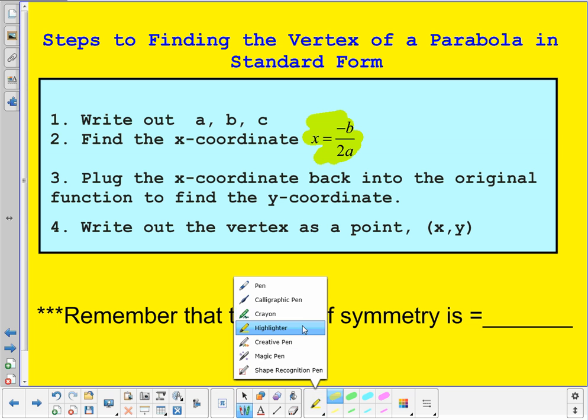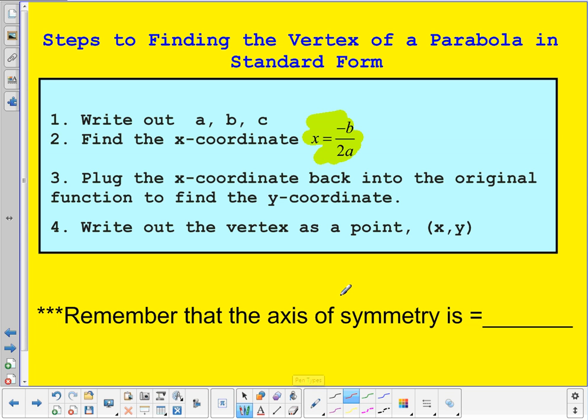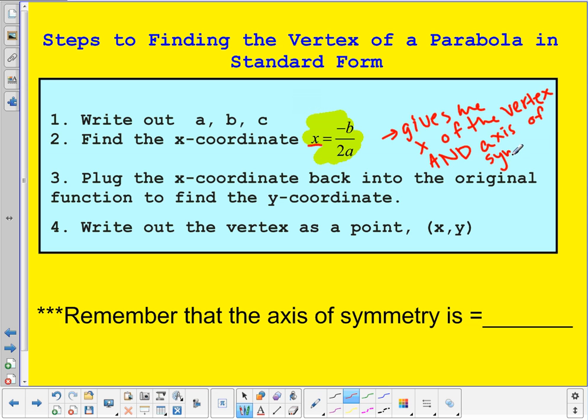So when I'm looking for the vertex, the first thing I have to do is find the opposite of b over 2a. That gives me the x-coordinate. That also gives me the axis of symmetry. So I've got both of those things just from the opposite of b over 2a.